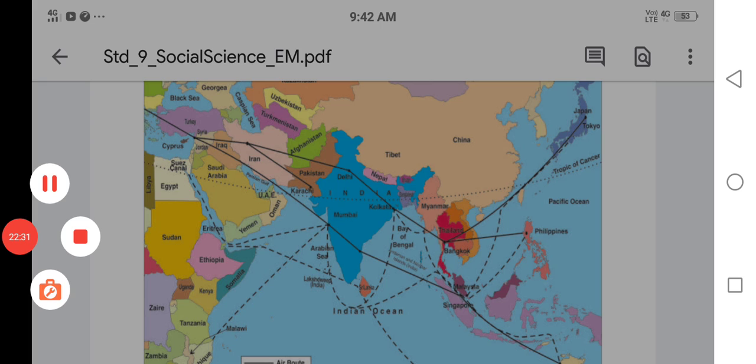Now see the air routes. All the air routes from west to east and east to west pass through India. Are you getting it? For example, the air route from Japan to Thailand to Delhi, then Iran, Iraq, Turkey, then Western countries.